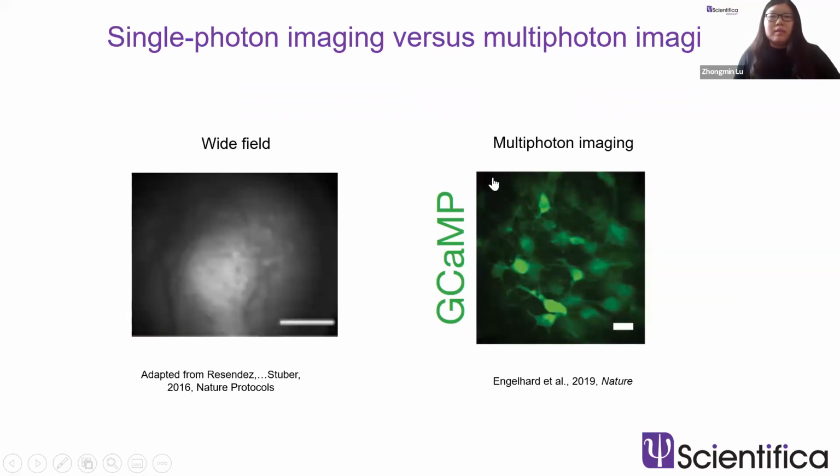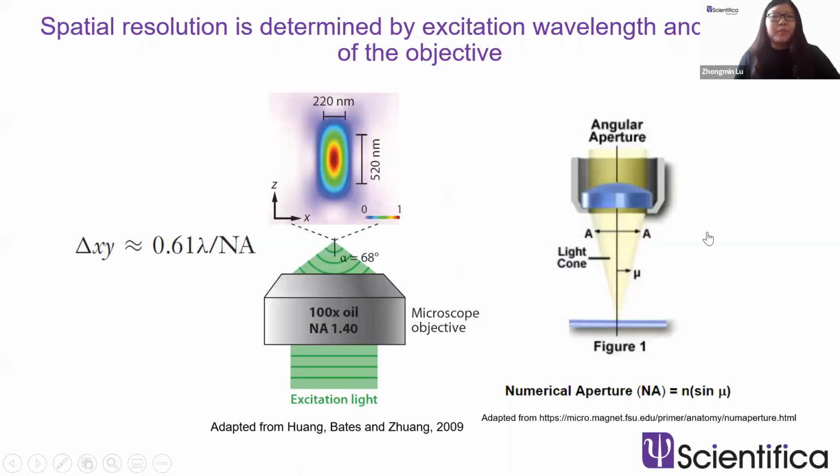And you can see that the background in the multiphoton imaging example is almost completely dark, whereas this is really a gloom of high background. So that means multiphoton imaging also has high contrast. And not to mention that multiphoton imaging is very ideal for deep tissue and in vivo research.